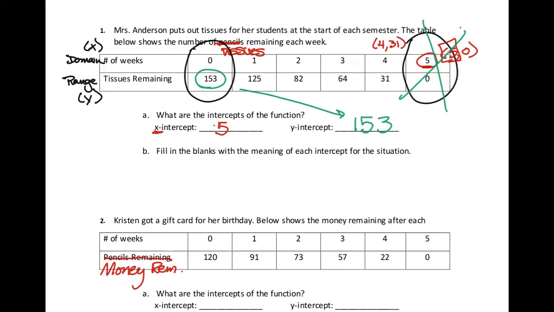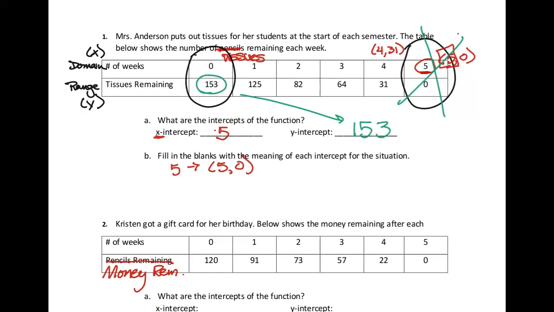Now, we want to know what each of these means. So when I say the x-intercept is 5, I know that that is the same as 5, 0, correct? And as I look at the description, the X value is the number of weeks, and the 0 is the Y, or tissues remaining.